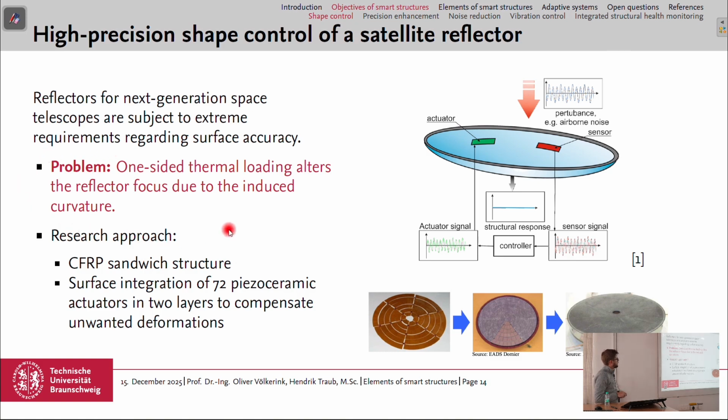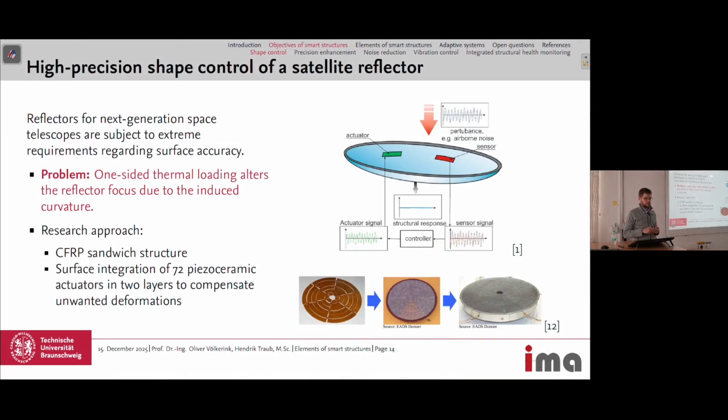The challenge or the problem is the one-sided thermal loading of this satellite reflector, which alters the reflector focus due to the induced curvature. And the idea or the research approach was to have a CFRP-centric structure with integrated piezoceramic actuators, which then can deform the reflector itself and compensate for the unwanted deformations.